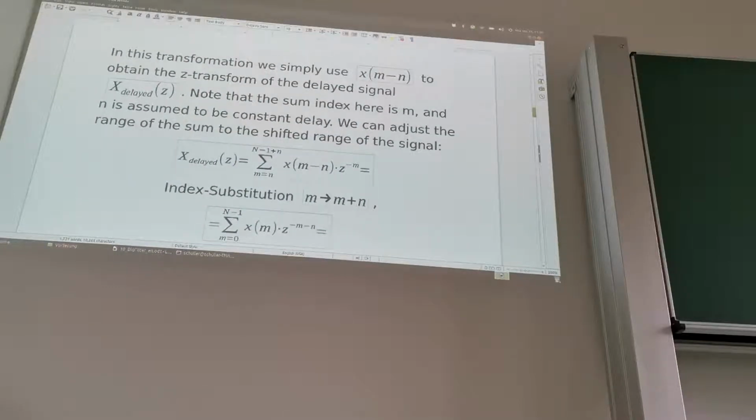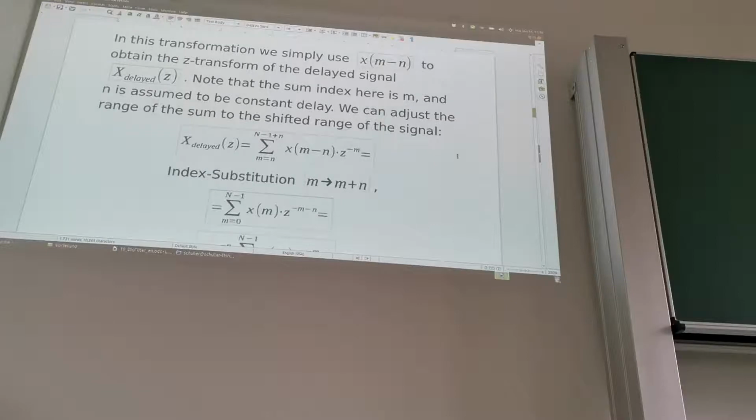So note that the sum index here is m, and n is assumed to be a constant delay in the following. So we can just adjust the range of the sum to the shifted range of the signal. Is that true? The sum index is m? Yes. And n is assumed to be a constant delay.